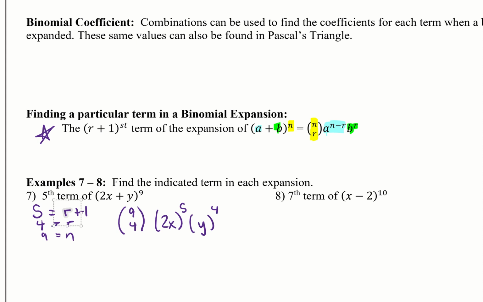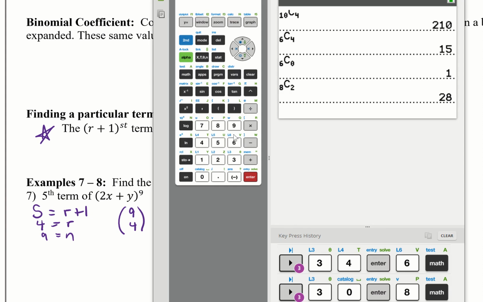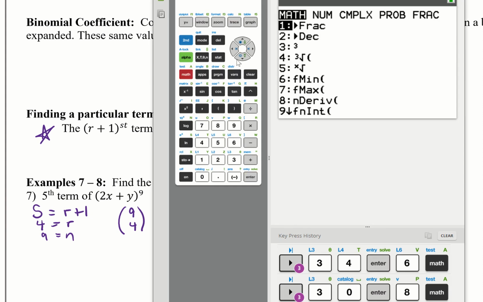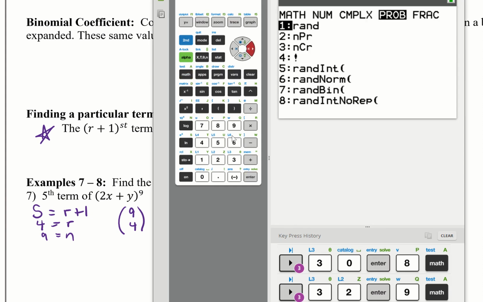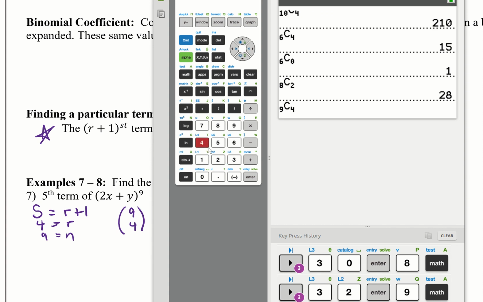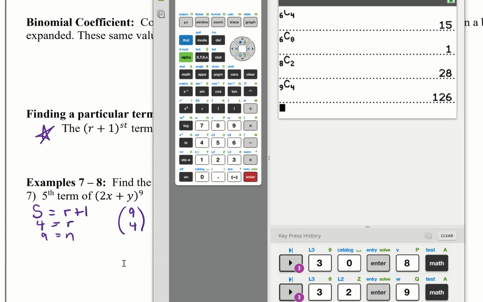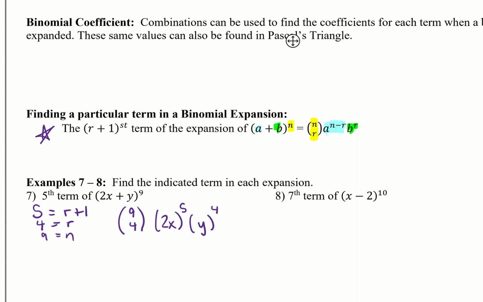So I'm going to use my calculator to find the value of 9 combination 4, which ends up equaling 126. And then I will need to multiply that by 2 to the 5th, which is 32, x to the 5th, and then times y to the 4th.